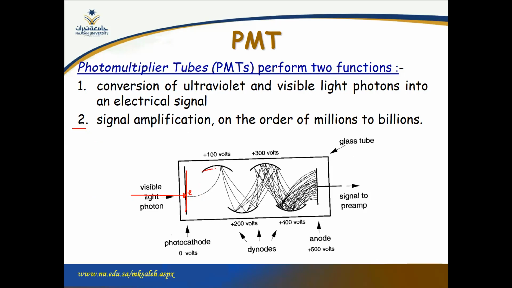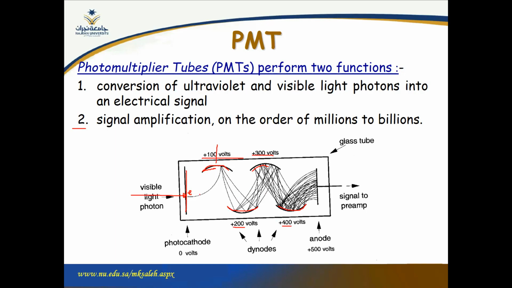So inside the PMT we have what we call dynodes. This is a dynode, and this is a dynode, and each dynode has a different voltage applied. For example, the first one 100 volts, the second one 200 volts, the third one 300 volts, and like that.